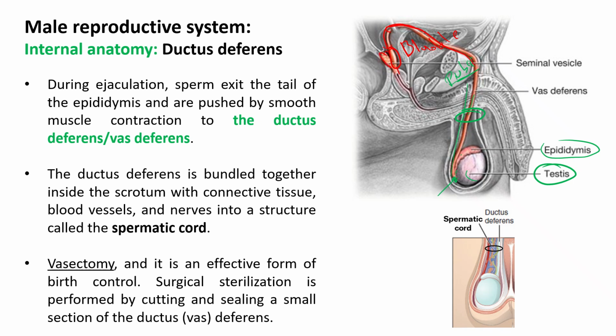This gland is called the seminal vesicle, and there are two seminal vesicles, in the same way there are two vas deferens. Both the seminal vesicle and the ampulla of the vas deferens will form a duct called the ejaculatory duct, which is the one that penetrates the prostate gland.